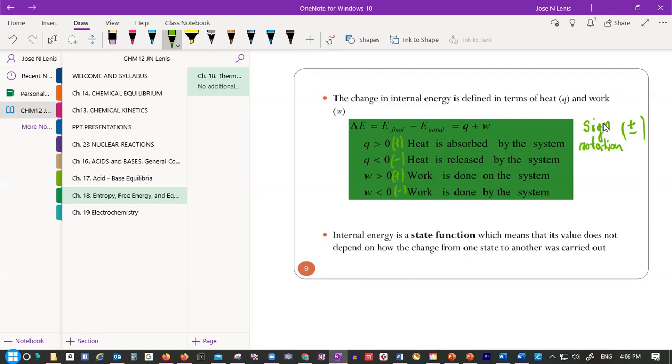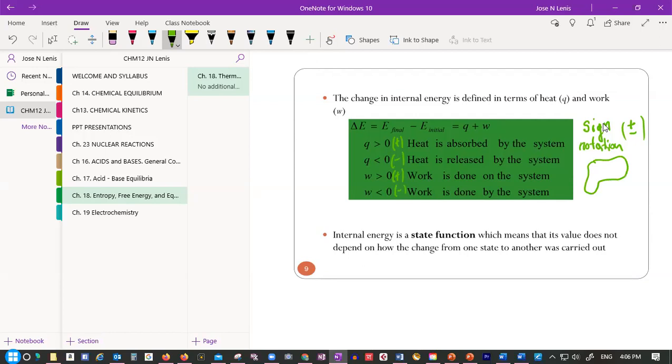You as an observer need to see how the heat is flowing. What is the direction of flow of that heat or work? So you have your system here.